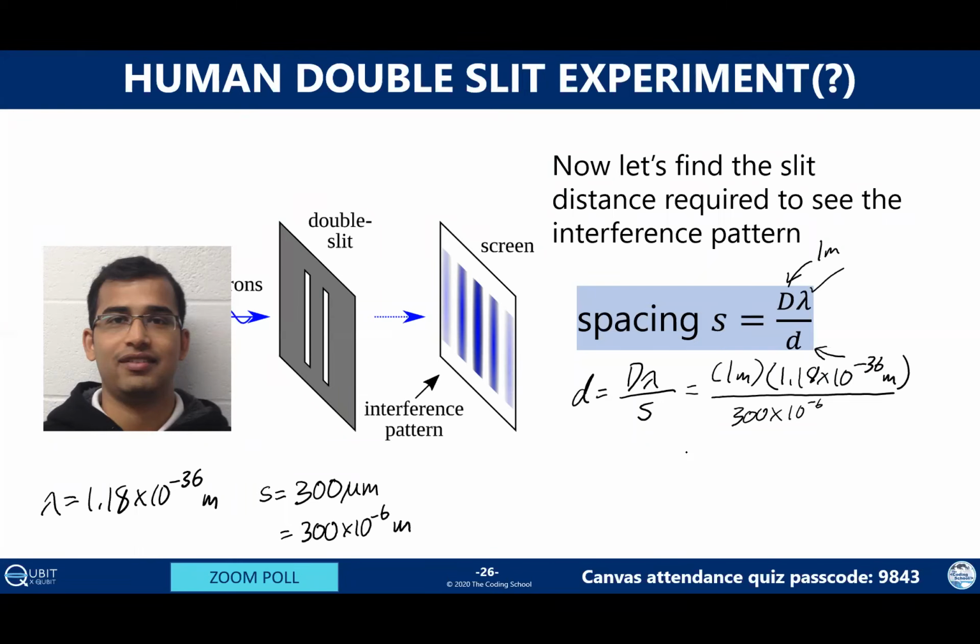Now, what I got in this case is going to be off by a little bit. I think it should be 4 times 10 to the minus 27 meters, roughly. I have this wrong in my notes, though, so I might have done that incorrectly.